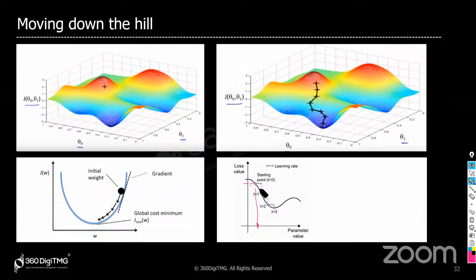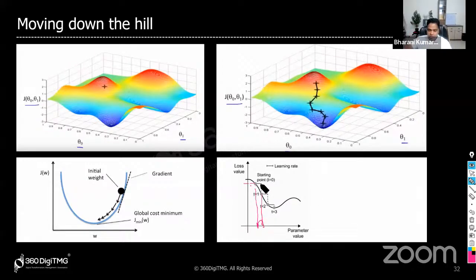Then next iteration, your weights get updated and your loss gets reduced. In the next iteration, again your weights get updated, your loss gets reduced. In the next iteration, again your weights get updated and the loss will be reduced. So in 1, 2, 3 iterations, you're reaching the minima in this case.